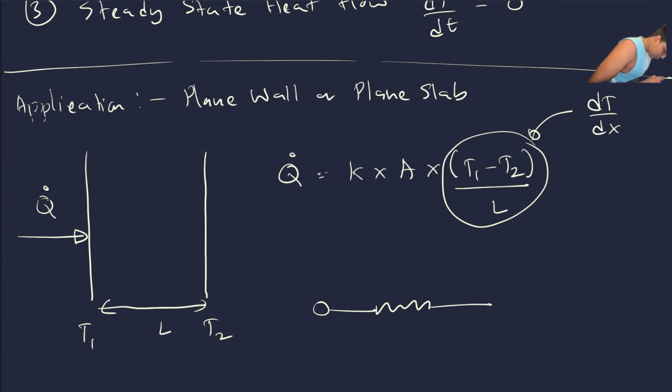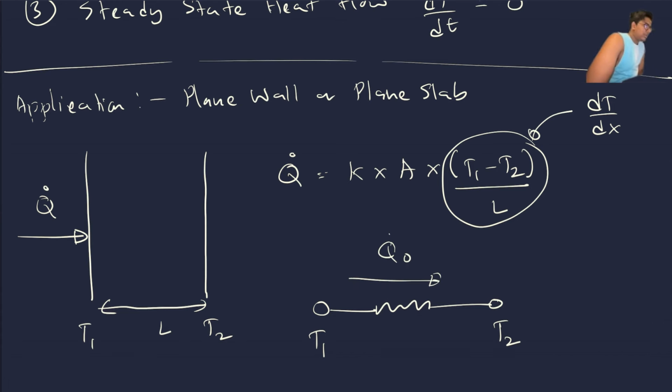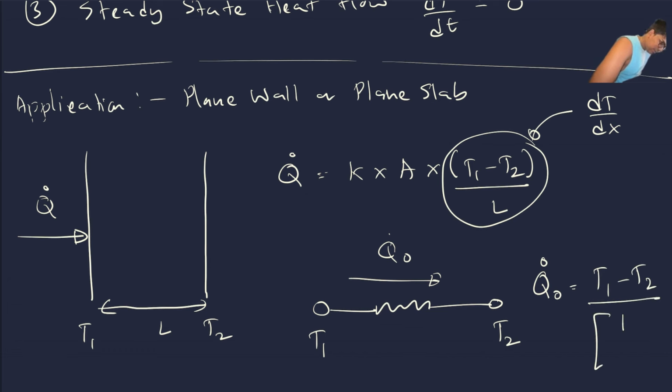Let's have the temperature T1 at one end and T2 at the other end of the wall, and let the heat flux be Q dot O. We can rearrange this equation to write Q dot O as T1 minus T2 divided by L over K times A.